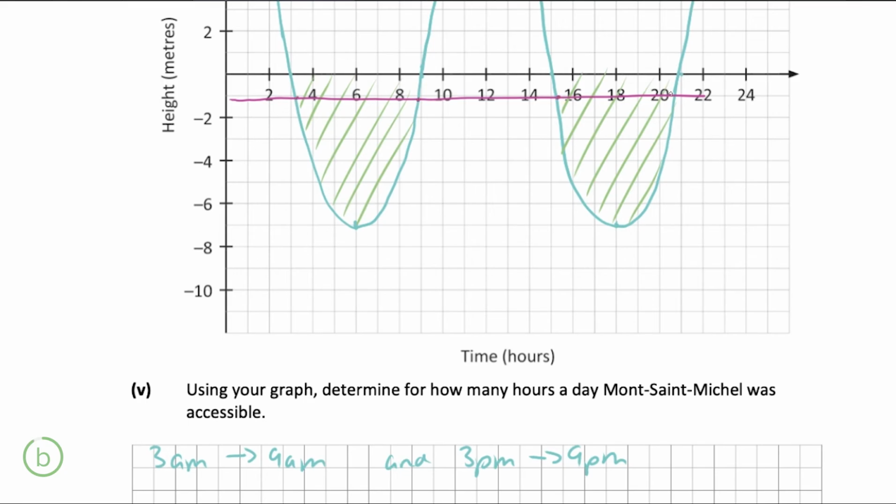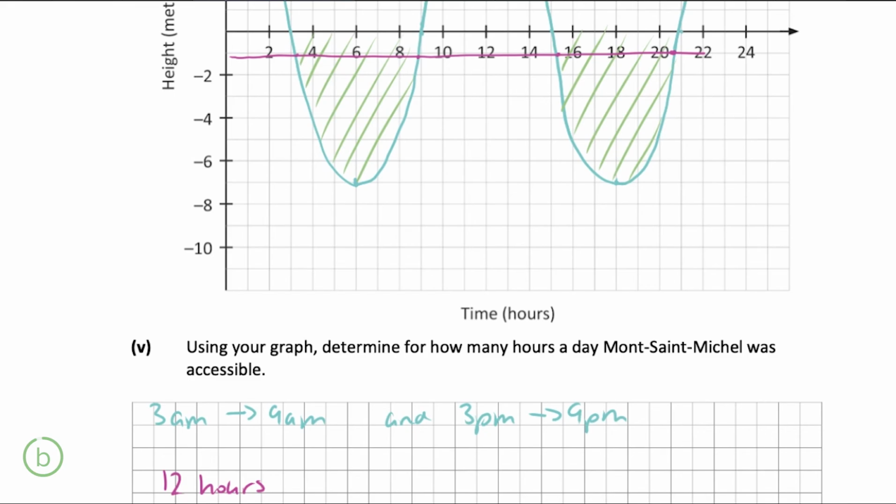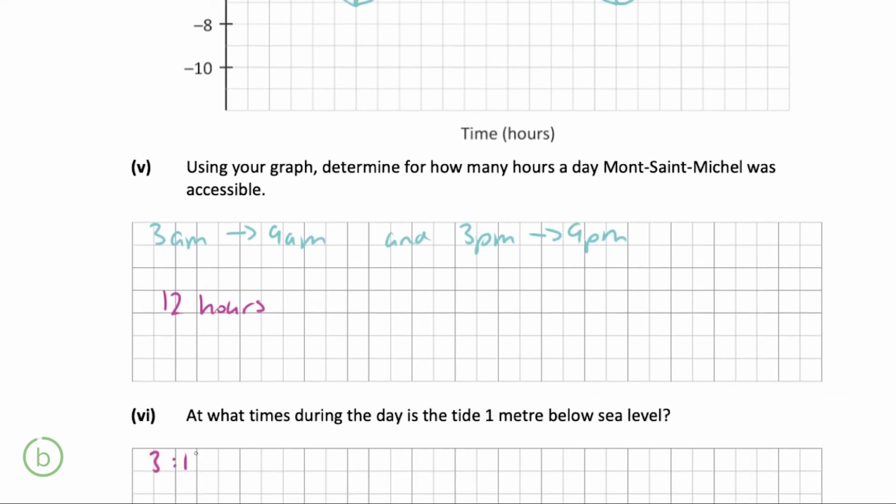Now, because we've sketched it, our answer is going to be quite rough, but we can make a rough estimate of about 3:15 a.m., 8:45 a.m., 3:15 p.m., and 8:45 p.m. And that is question 8 all finished.